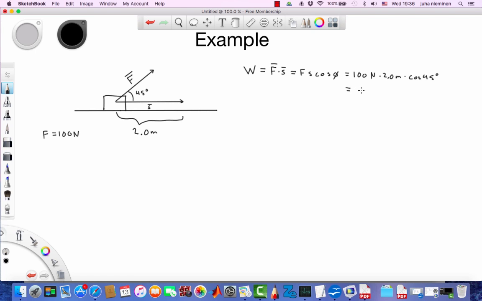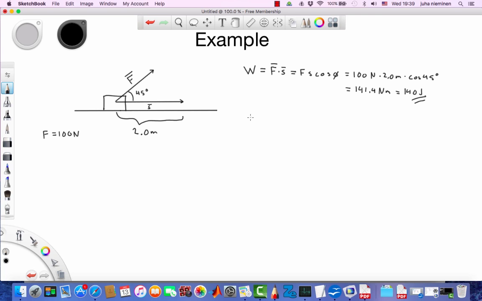And this is about 141.4 newton meters. Let's put it in 2 significant digits, so 140. And what is a newton meter? That is a joule. So we do a work of 140 joules.